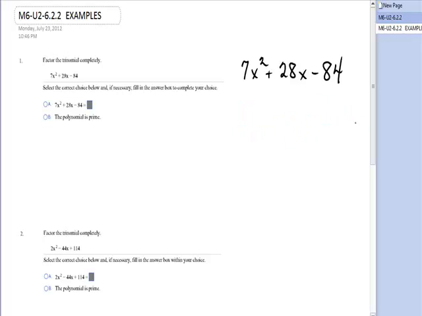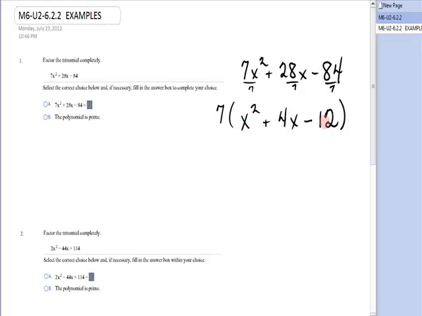But before I go there, 7x squared, 28x, minus 84, those all have a common factor of 7. This problem will be much easier, and you have a better chance of getting it right, if you factor the 7 out. So divide all of those by 7, and you'll have x squared plus 4x minus 12 as the trinomial factor. Now, you've done one step of factoring.